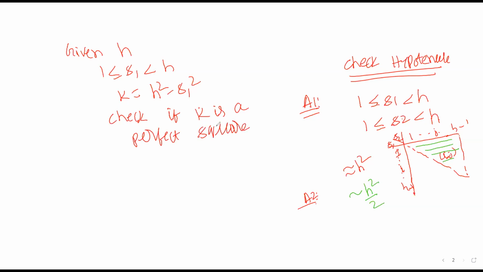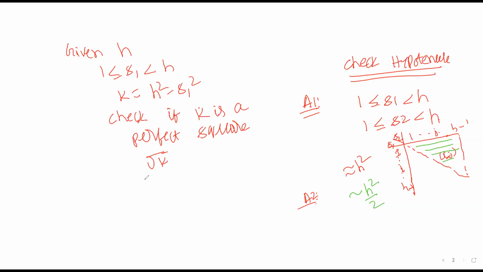Does this make sense? So how do we check K is a perfect square? We try to compute the square root of K.